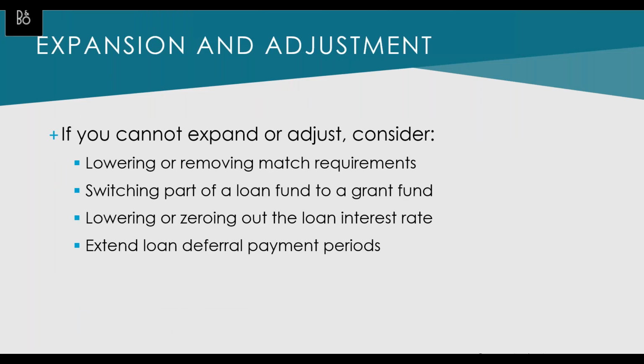If you can't expand or adjust, like if you have a framework that just doesn't allow it, you might consider some tweaks to existing local incentives for facade improvements. You want to think about lowering or removing the match if that's a requirement, switching part of a loan fund to a grant fund, even temporarily, lowering or zeroing out the loan interest rate if you have a loan pool, or potentially extending loan deferral payment periods.